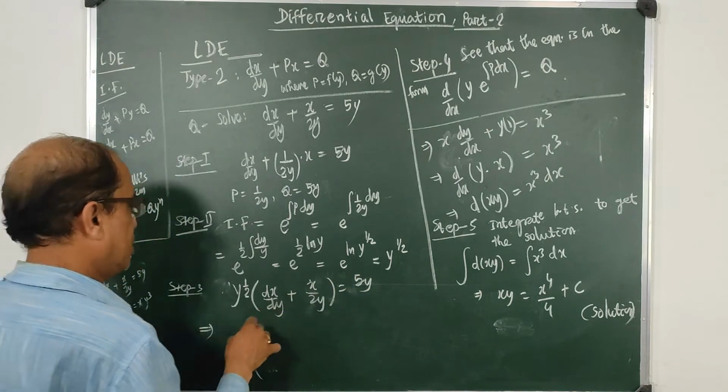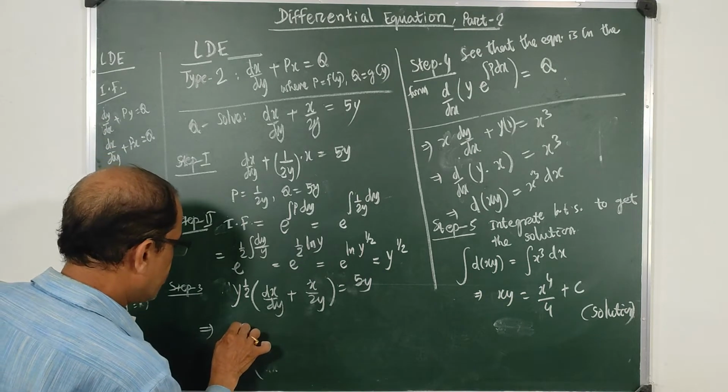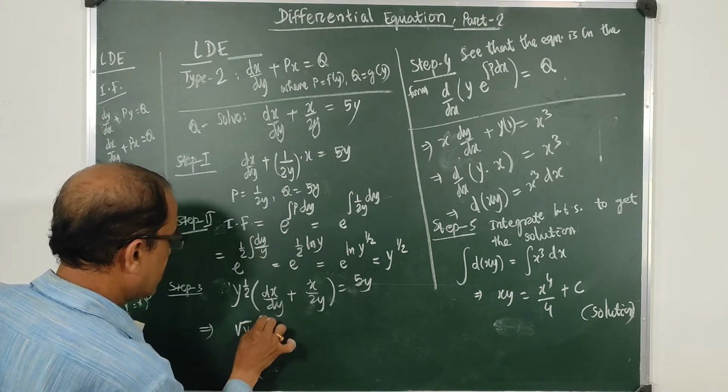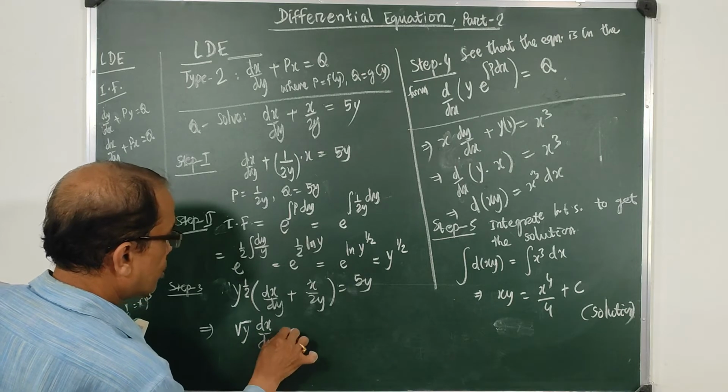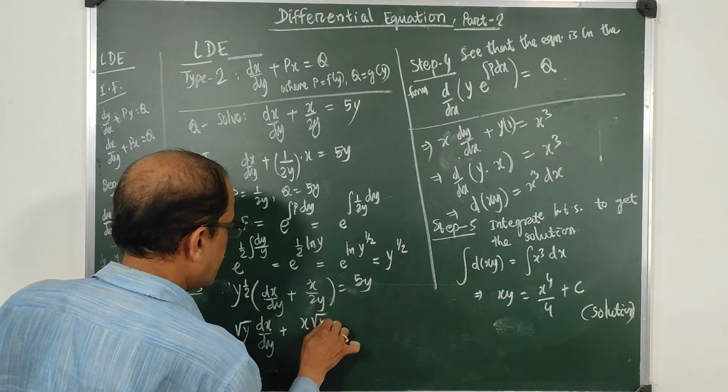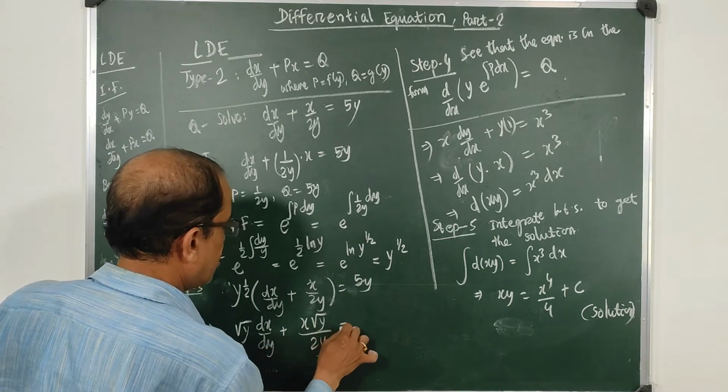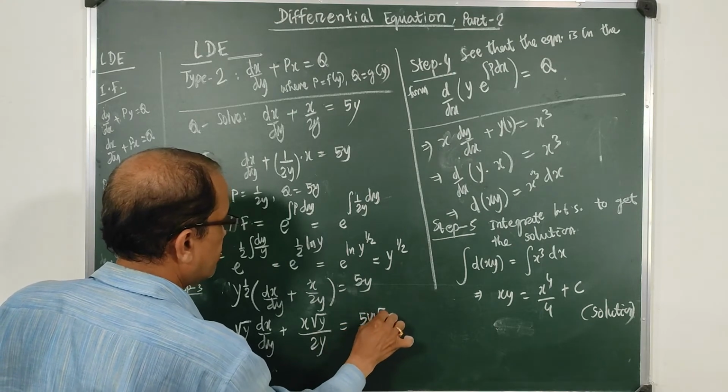So multiplying, you get root y dx by dy plus x root y by 2y is equal to 5y root y.